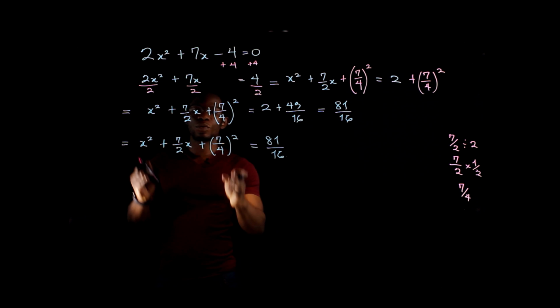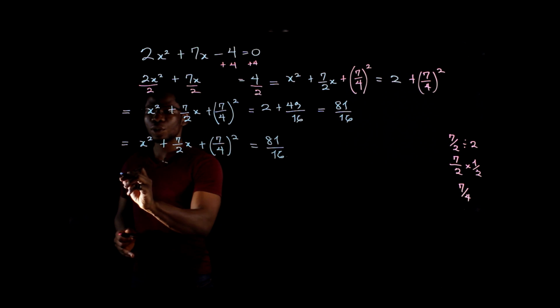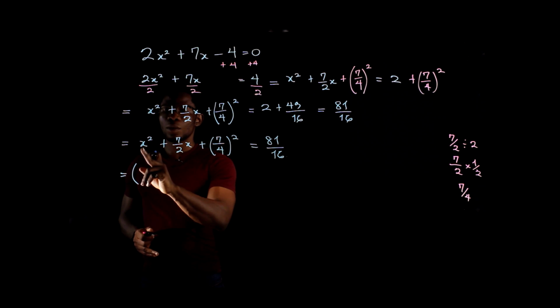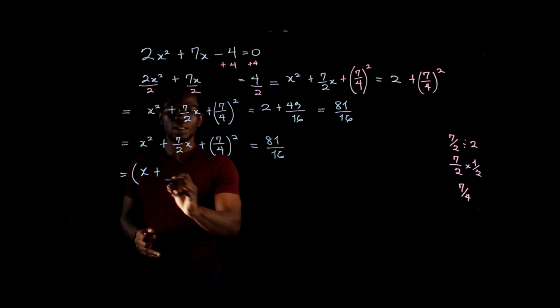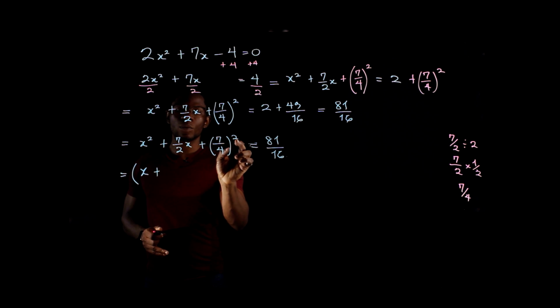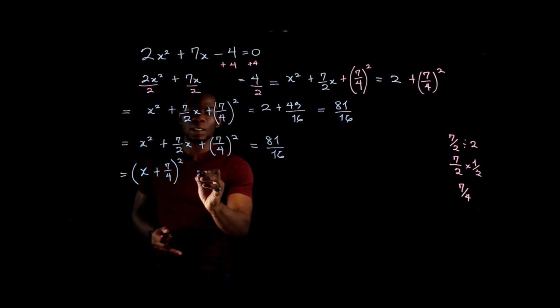So the next step is to tighten this up and write it in a short perfect square form. And we do that by opening the bracket. We take our x from here, we take our sign from here, and then we take just the 7 over 4, we leave out the square, 7 over 4, close our bracket and square everything. And this is equal to 81 over 16.